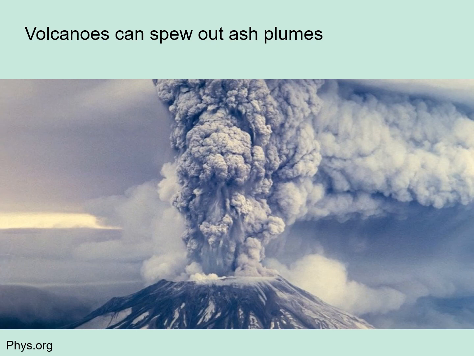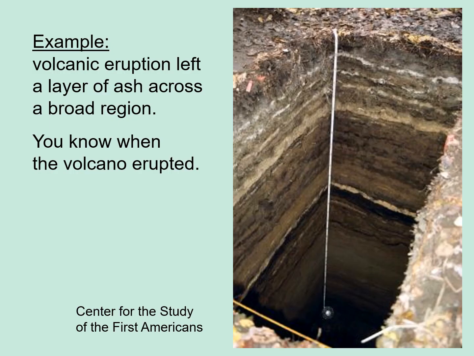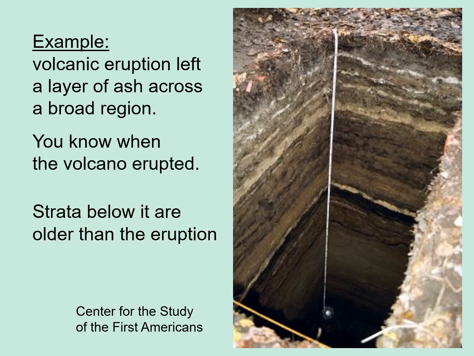And so a whole cloud of ash comes out and settles down and covers the ground. For example, on the right, you see a pit where I can count at least 6 layers of ash from different volcanic eruptions. So if you know when the volcano erupted for any one of these layers, you can date things below it or above it, relatively speaking.